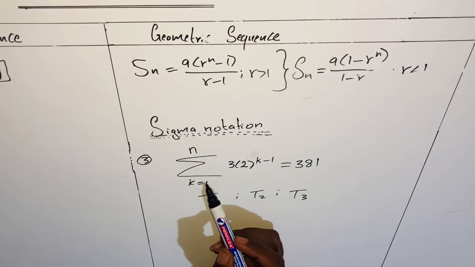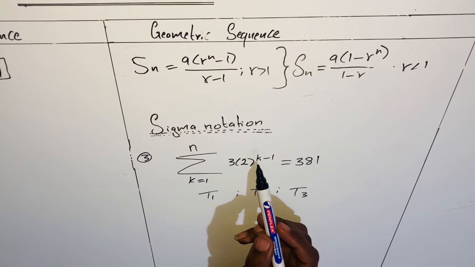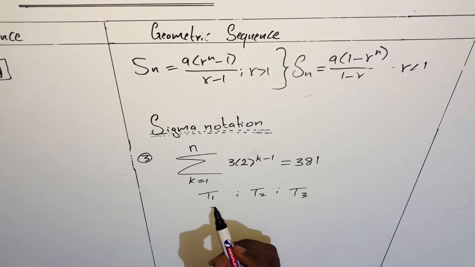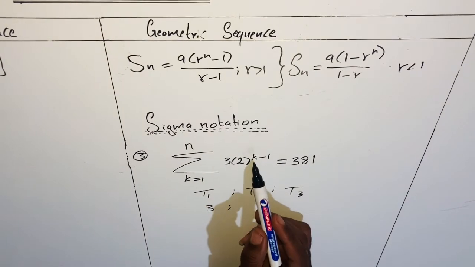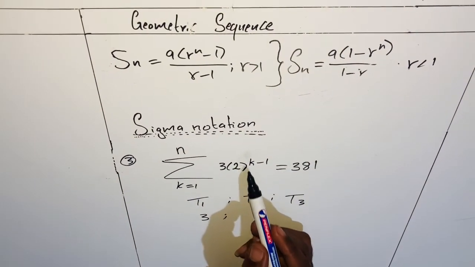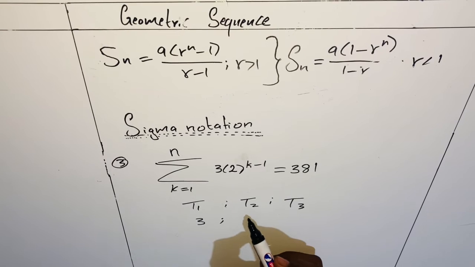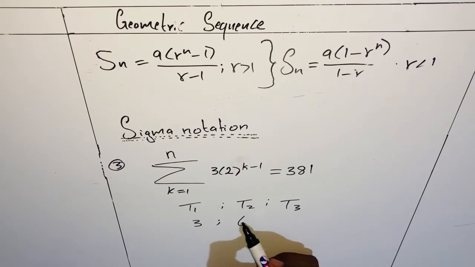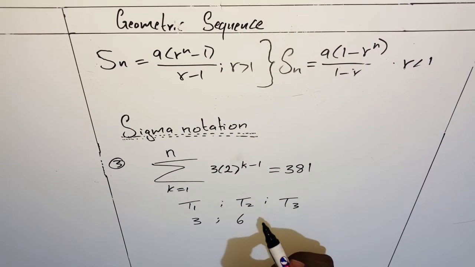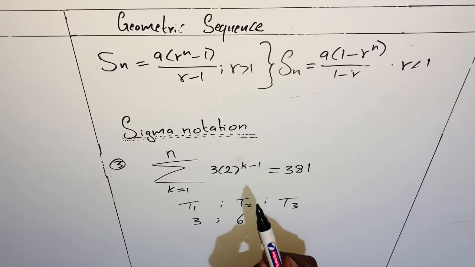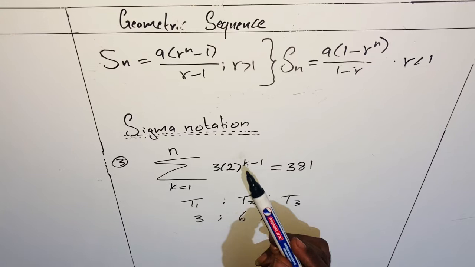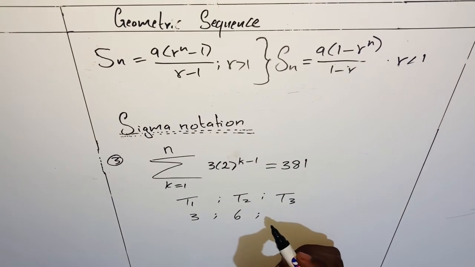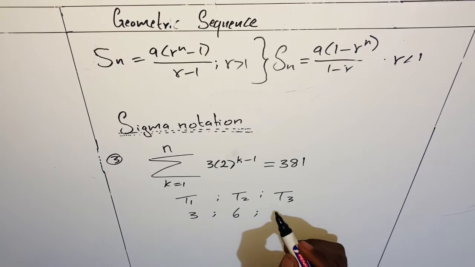Where there is k, you must start to put a 1. When you put a 1 there, you get your first term as a 3. Then you place a 2. What follows a 1 is a 2. Then you'll get your second term as a 6. Then you'll place your 3 where there's k. You'll get your third term as a 12.